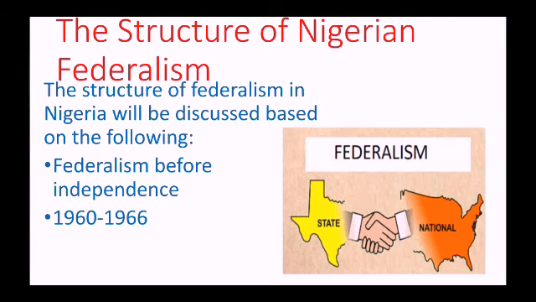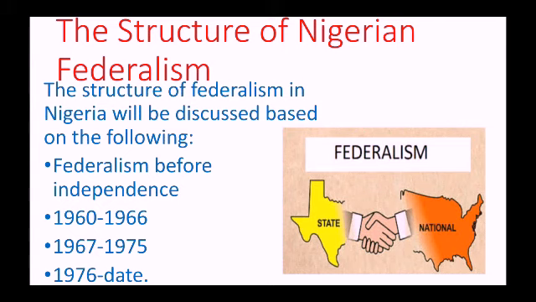Again, we can look at it from 1960 to 1966. Also, federalism between 1967 to 1975. And lastly, federalism between 1976 till date. So these are the various ways we can look at how federalism has been shaped in Nigeria.